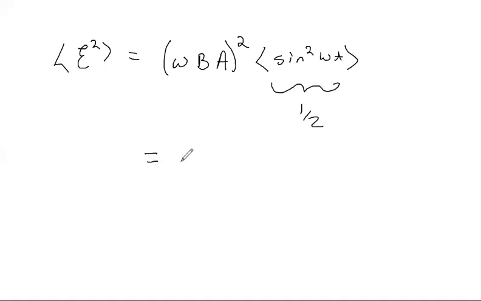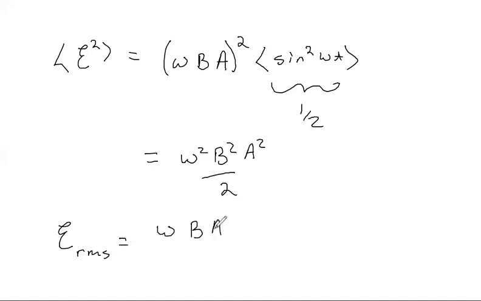So this is just omega squared B squared area squared over 2. Take the square root of that to find E RMS equals omega BA over square root of 2, which is conveniently written as the maximum value over the square root of 2.